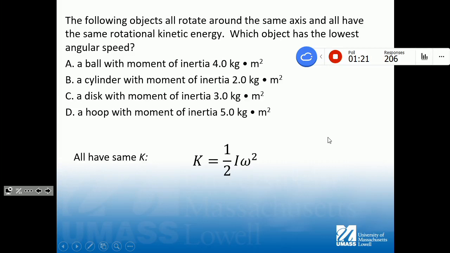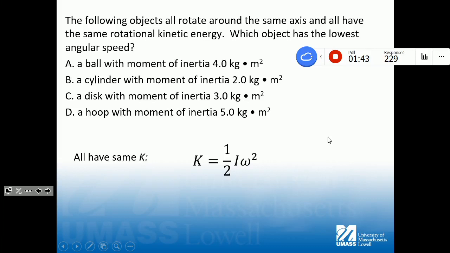Everyone with me? Put that into its rotational analog. All of these objects have the same rotational kinetic energy, so the one with the highest amount of inertia must be the one that has the lowest angular speed. Everyone following me?